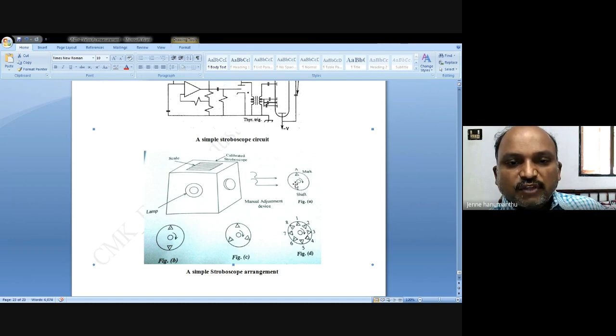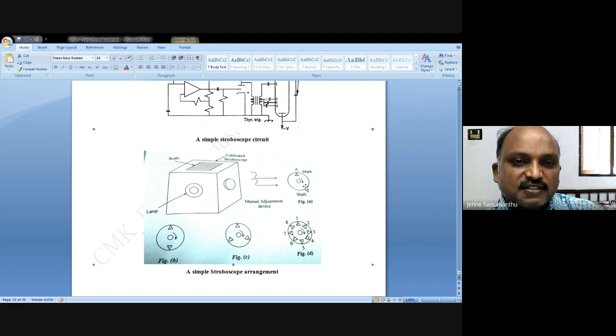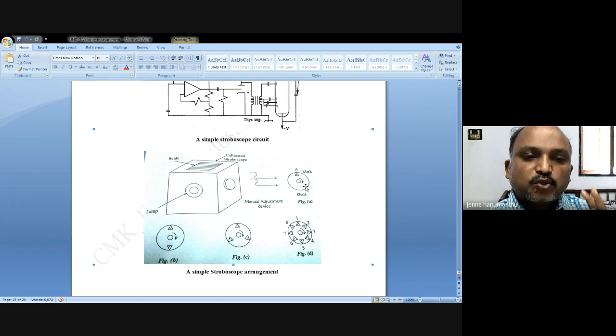Without marking, it is difficult to measure. You may have a doubt why this marking is important. The stroboscope totally works on the marking.